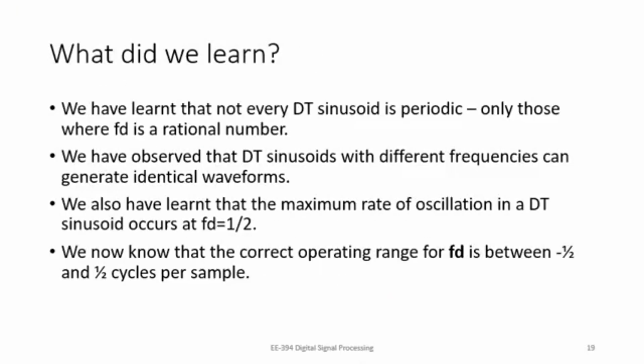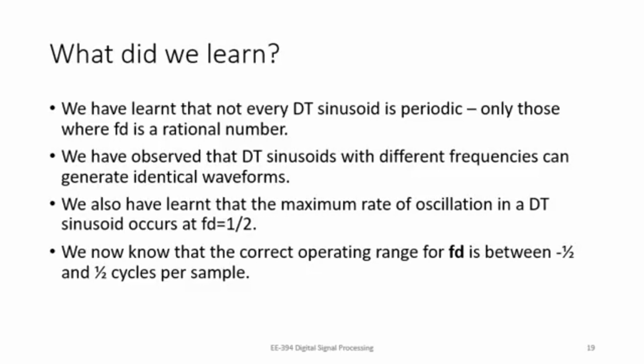Right, so to quickly review this lecture, we have learned that not every discrete time sinusoid will be periodic. Only those will be periodic where FD is a rational number. Similarly, discrete time sinusoids with different frequencies can generate identical waveforms, and this happens when the difference of the frequencies is an integer multiple of 2 pi.